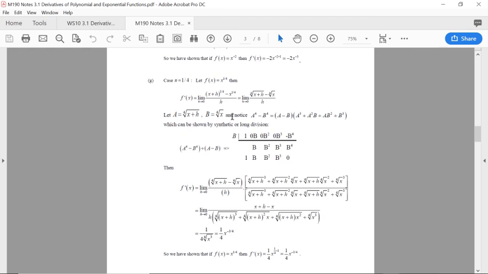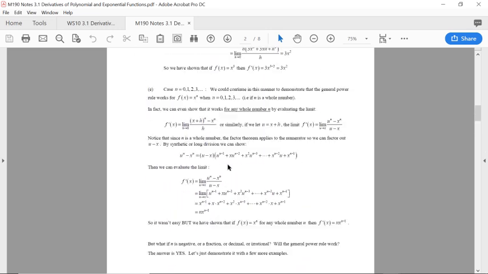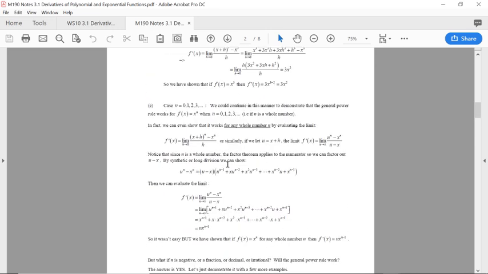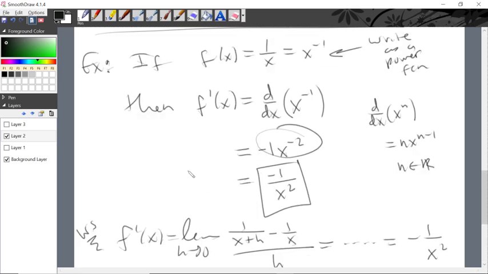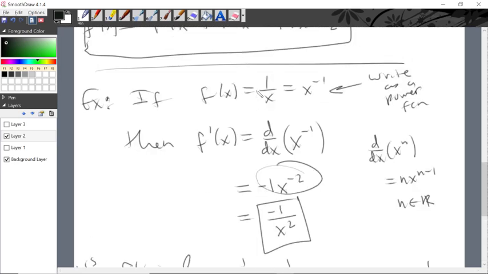Again, you have to first rewrite the term as a power term in order to then apply the general power rule. And that's important. As I've already mentioned, even in this example right here, if you can't take the derivative of the top and derivative of the bottom, you need to rewrite it as a power term. Then you can apply the general power rule to the entire term.